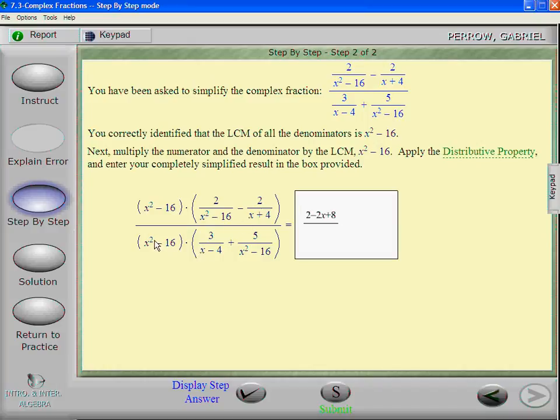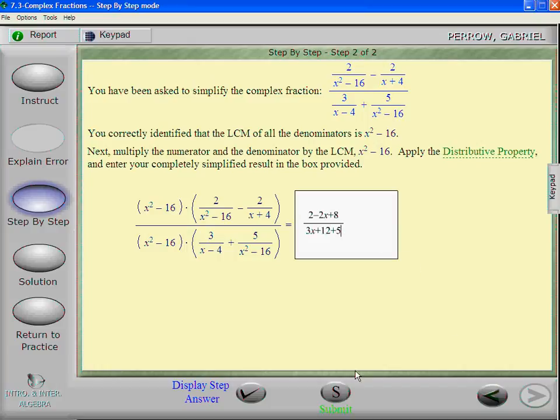Bottom part, x squared minus 16 and x minus 4 will reduce so that x plus 4 is the only thing that's left there. Distributed with the 3, that would give us 3x plus 12. So 3x plus 12 is what we get out of the result of the first distribution. The second distribution, x squared minus 16 completely reduces. We're just going to have a plus 5 left there.